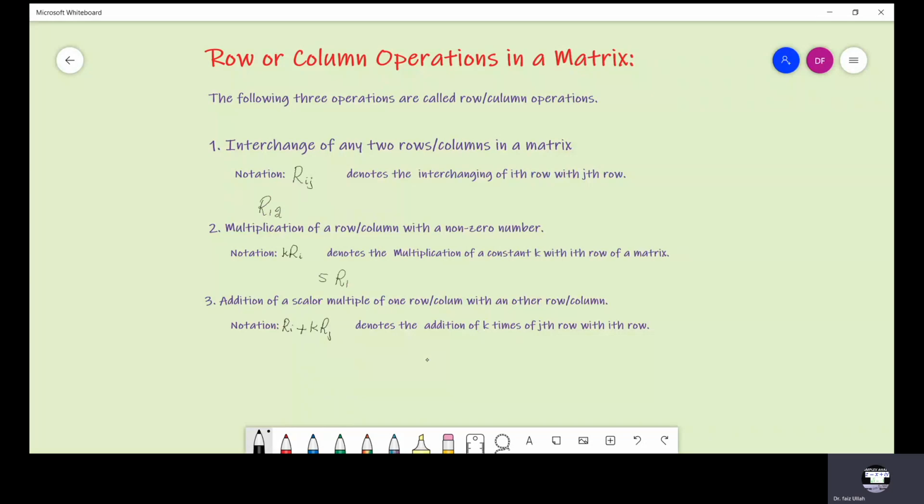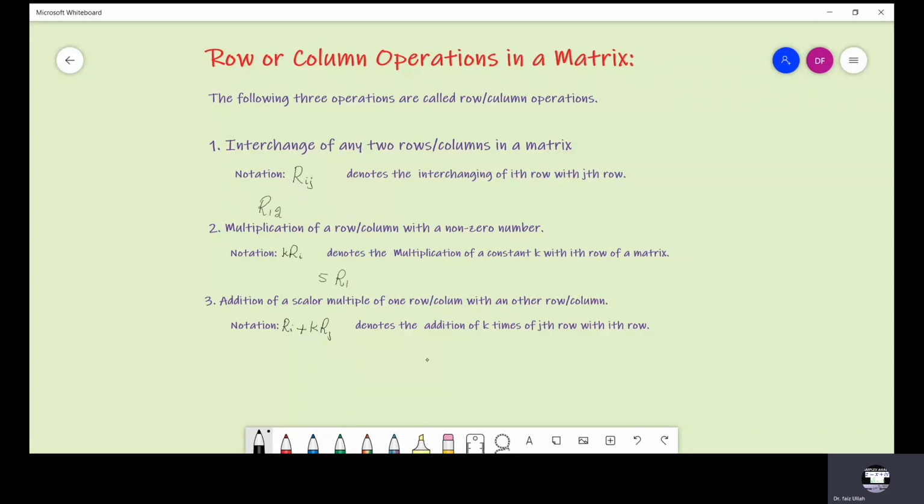The third operation is addition of a scalar multiple of one row or column with another row or column, which means that we can multiply each element of one row with a non-zero constant, and then we can add that multiple to another row.